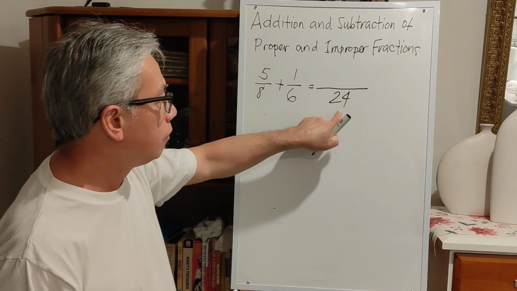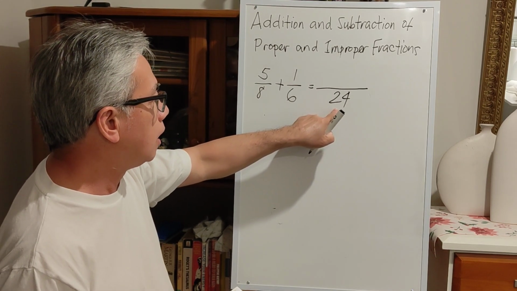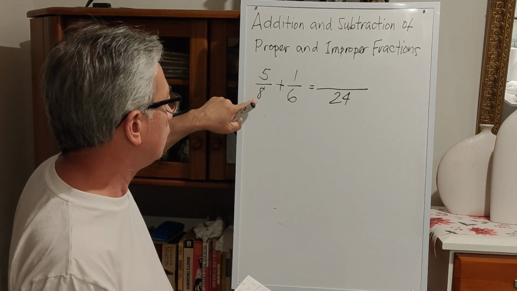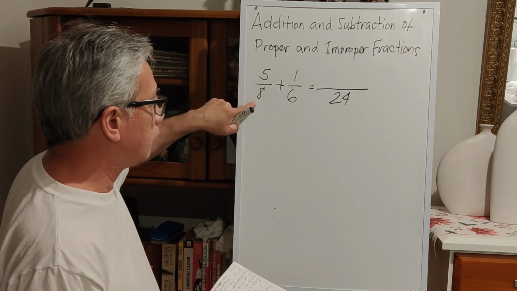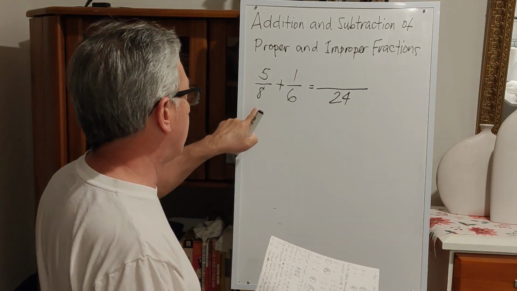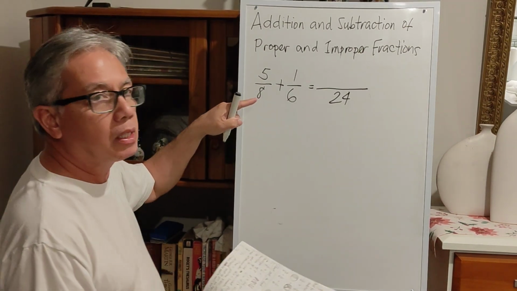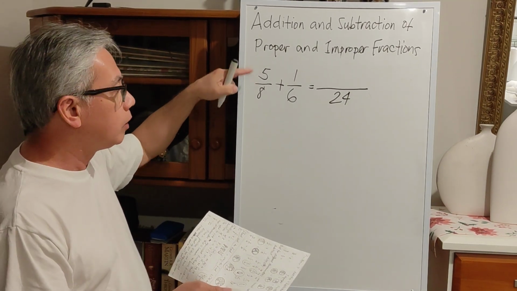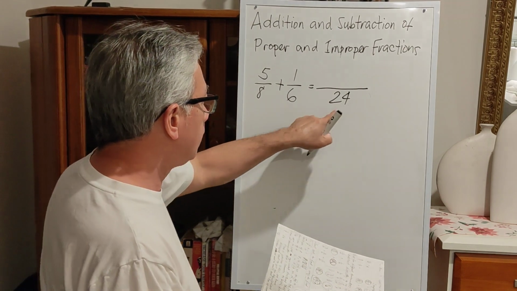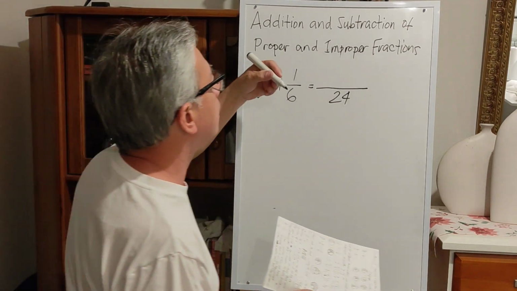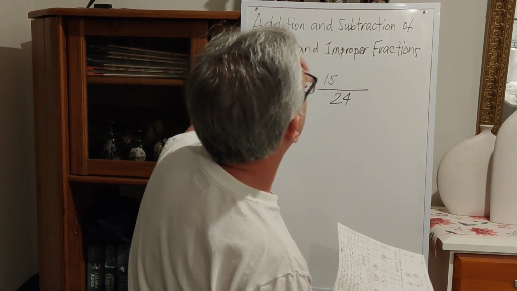Now for the numerators, we can just divide. 24 divided by 8 is 3. So 3 is the number that we multiply to the numerator. 24 divided by 8 is 3, so we multiply 5 by 3, so it becomes 15.